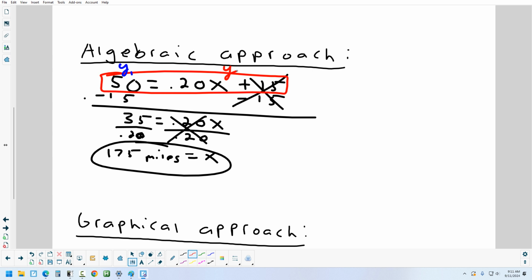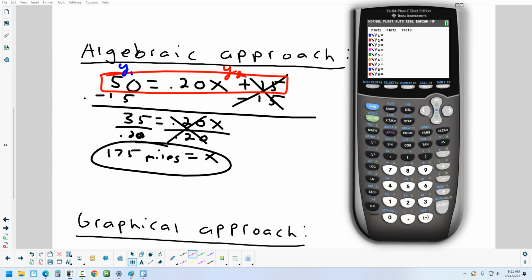We're going to take what's on the right and plug that in where it says y2. So y1, we're going to make it 50. Press the down arrow. And then y2, we're going to plug in the other side. You could just put 0.2, that's the same thing.